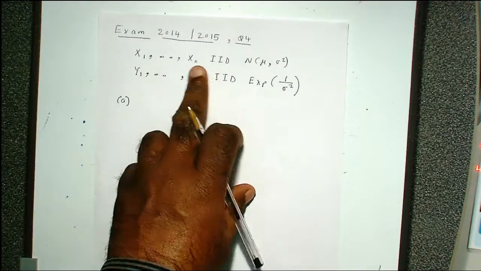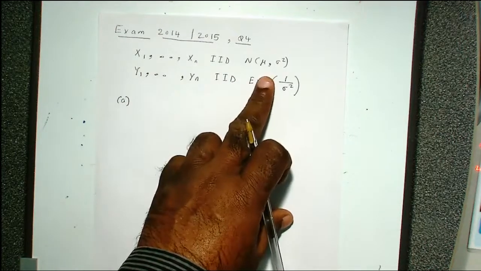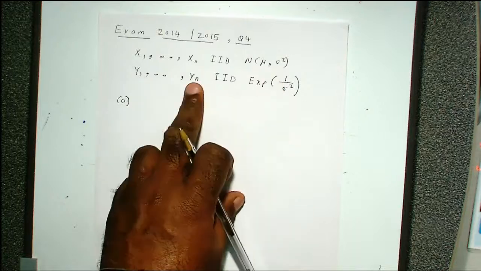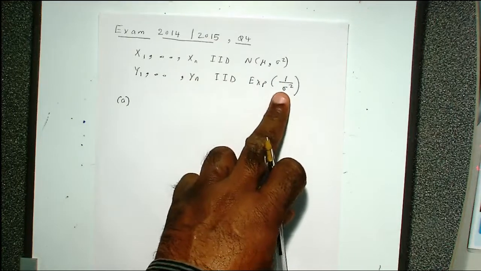The first random sample is from the normal distribution with these parameters. The second random sample is from an exponential distribution with this parameter.